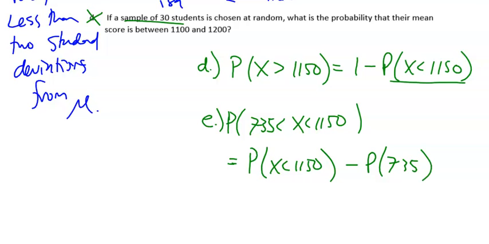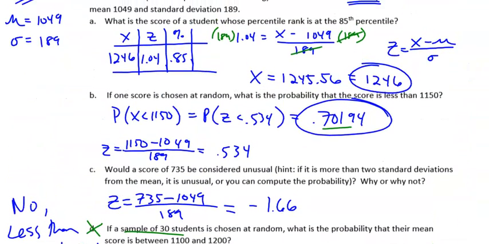We know what these are. This one was about 0.70, and that one was about 5%. So that would give me something like 0.65. I think that would be right. Those are the questions I can ask you from normal: greater than, between 2, less than we did, and then like question A, we can go back.